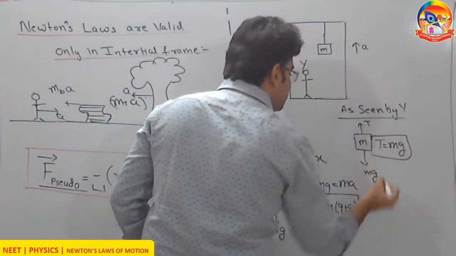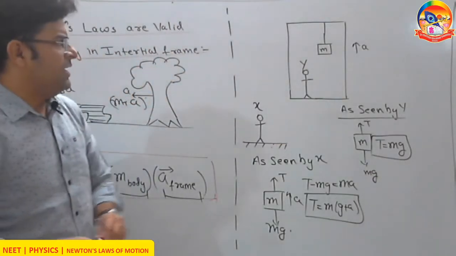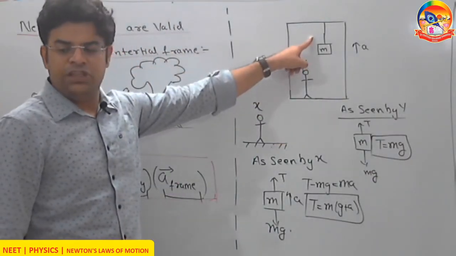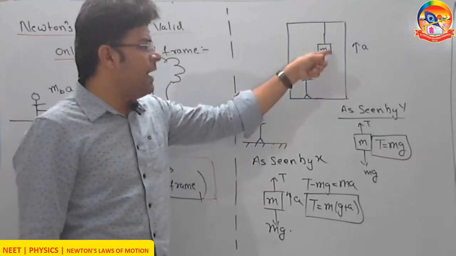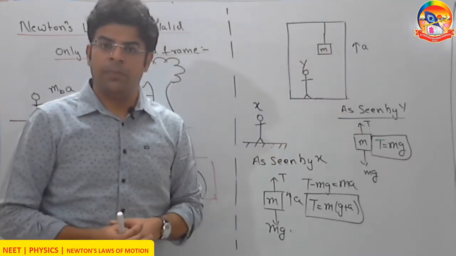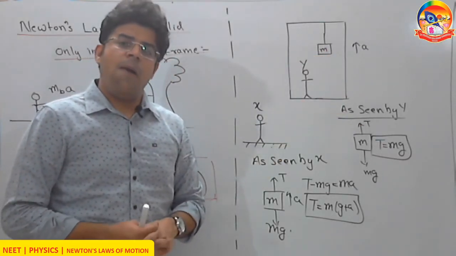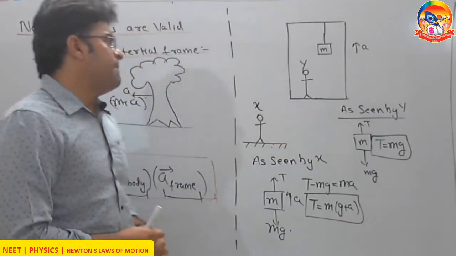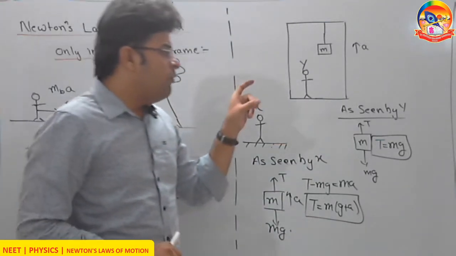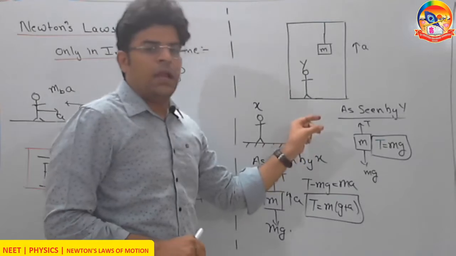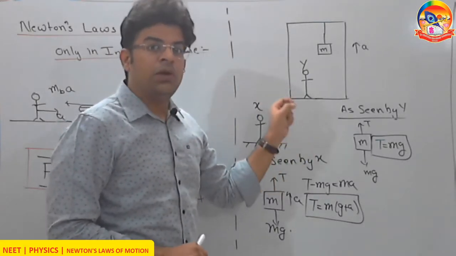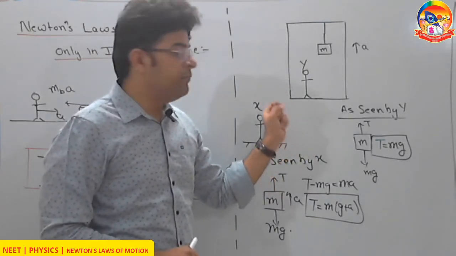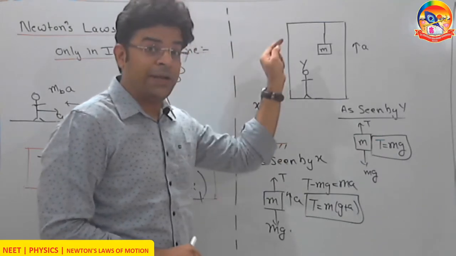Now, whose answer is right? The tension in this string will be m times (g plus a) as seen by X, or mg as seen by Y. The answer is, Y is not allowed to make a Newton's law equation. Why? Because Y is accelerating.